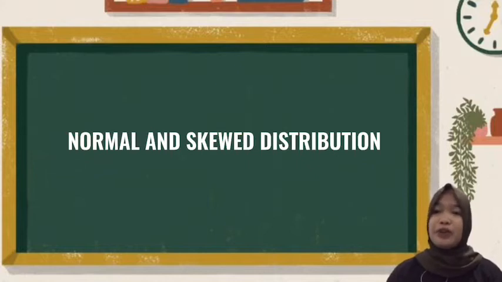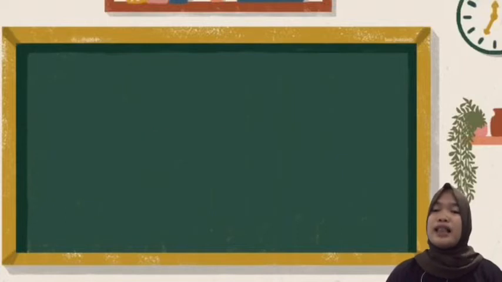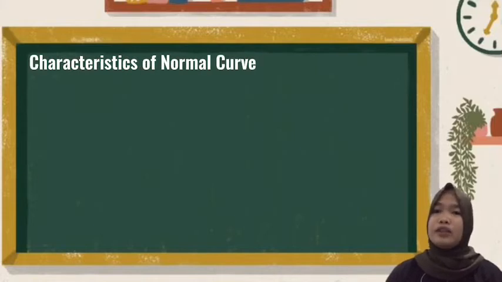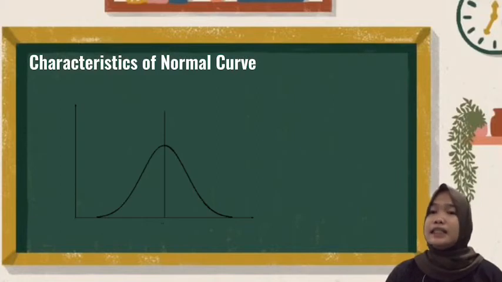So in order for us to understand well the normal distribution, let us talk first about the characteristics of normal skewed distribution. So it's a graphical illustration and makikita tayong x and y axis.